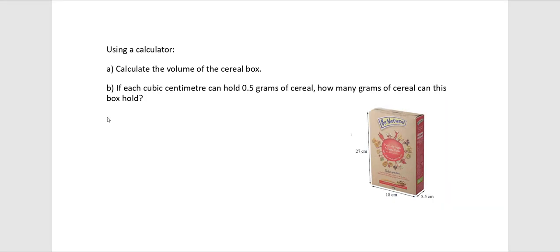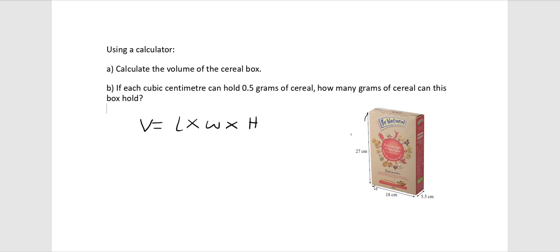Okay, so to work out A, the volume of the cereal box, first we can see what shape it is. It's a rectangular prism. And we know the formula for a rectangular prism will be length times width times height. So now I can see I've got 27 and I've got 18 down here and 5.5 there.